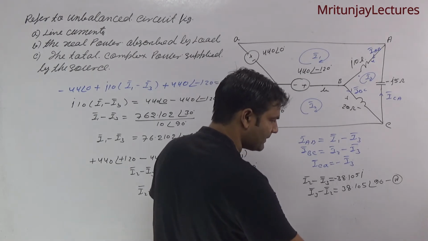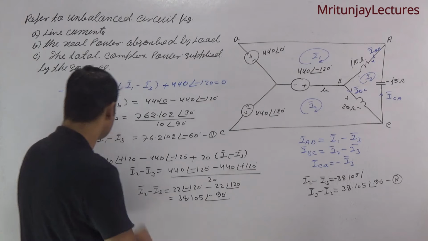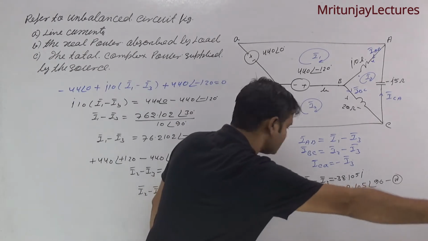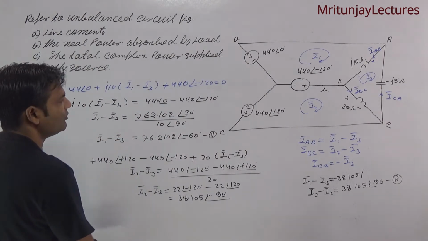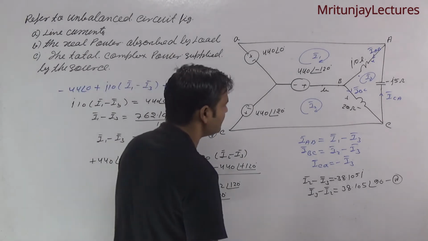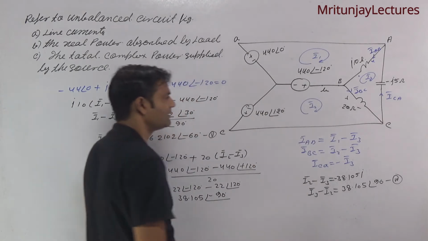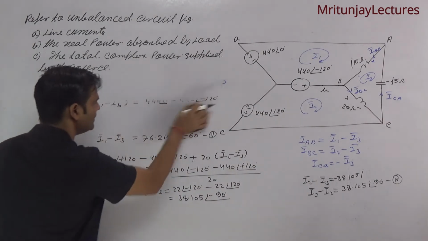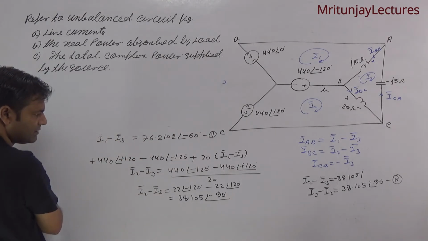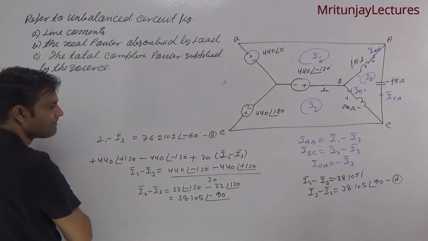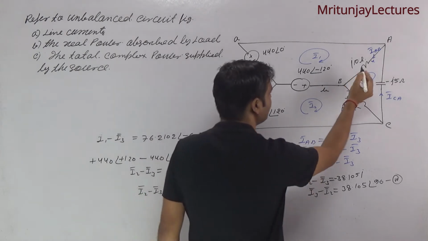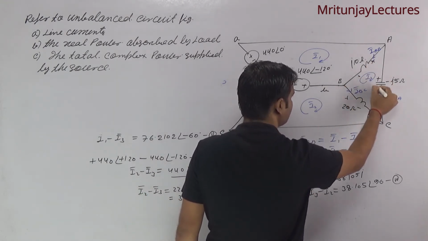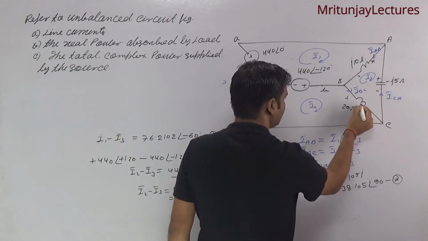Now another way: two equations, one in terms of I1 and I3, and this in terms of I3 and I2. Next target: apply KVL in loop 3. First make it loop 1. Now apply KVL from minus to plus, here plus to minus, and here minus to plus.